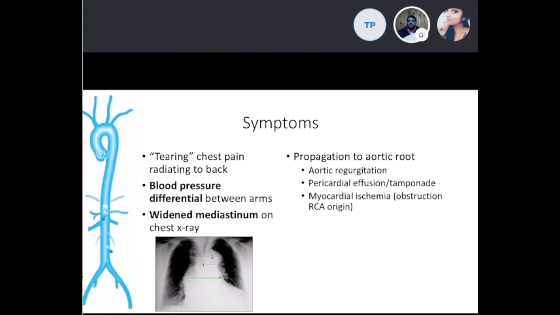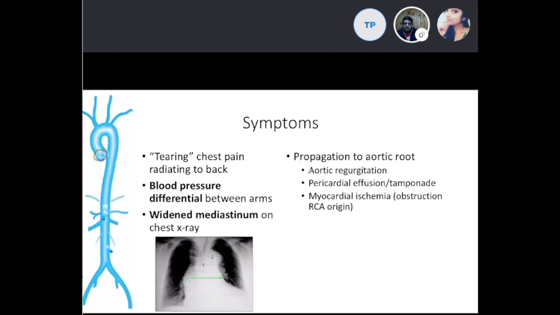Additionally, you can get propagation of the aortic root. What I mean by that, here, what I have highlighted, and that's a terrible color because you guys can't see, here is basically the aortic root. It will dilate and stretch out when you have a dissection. When that happens, the leaflets won't be able to come together properly, so the blood will have the ability to leak back.